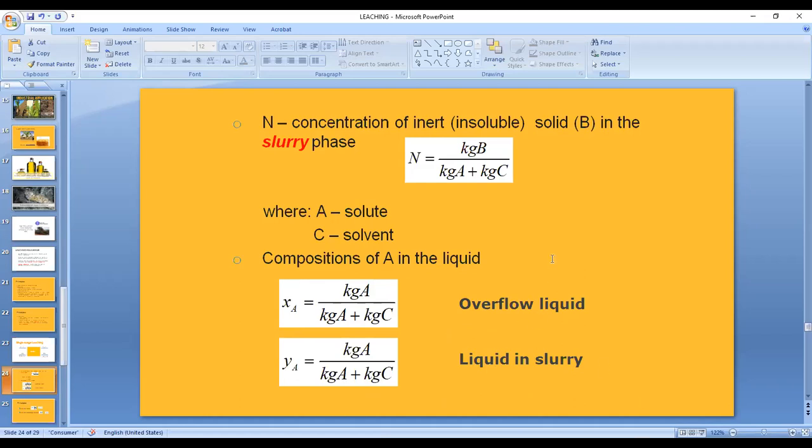Your overflow is your solvent-rich layer. Your slurry is your, shall I say, water-rich layer, or oftentimes that's where your inert solid is. That is why it's called slurry.